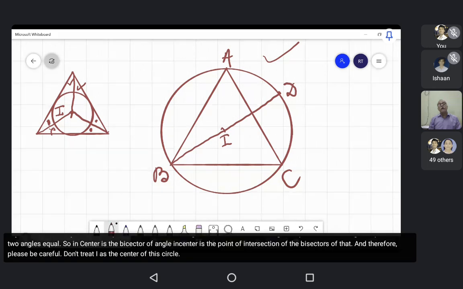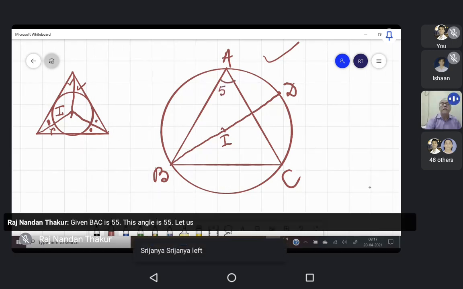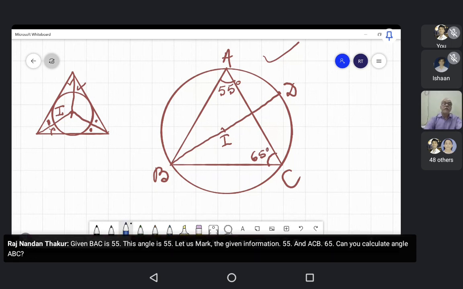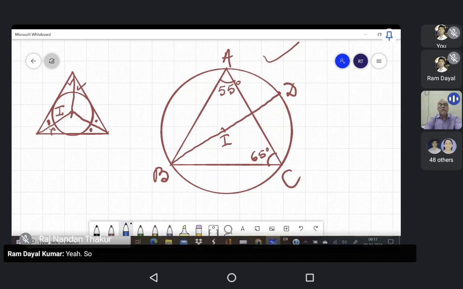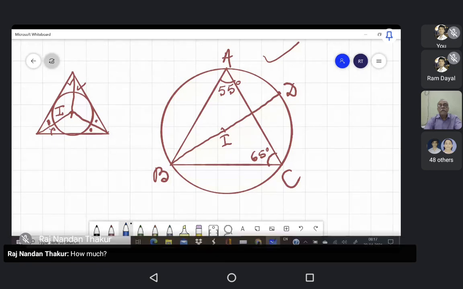Here, given BAC is 55. This angle is 55. Let us mark the given information. 55, and ACB 65. Can you calculate angle ABC? Yes, sir. How much? 60 degree.